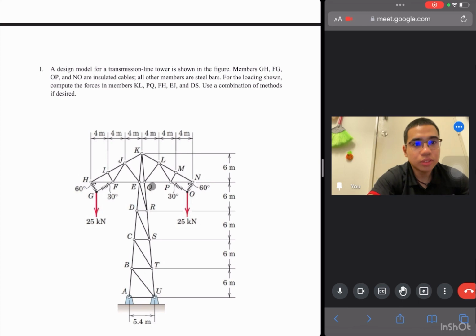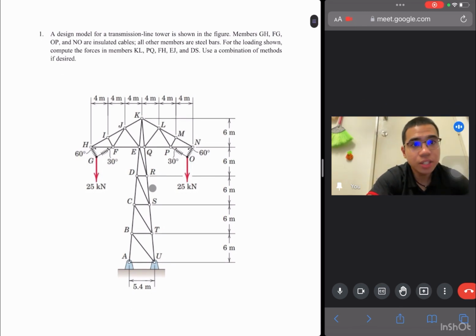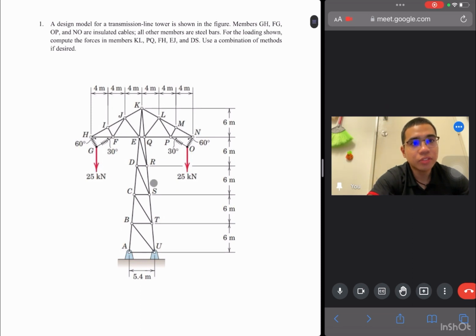So first, for the calculation, I will only use one side of this structure, the left side. The first step is to find all the lengths and the angles.